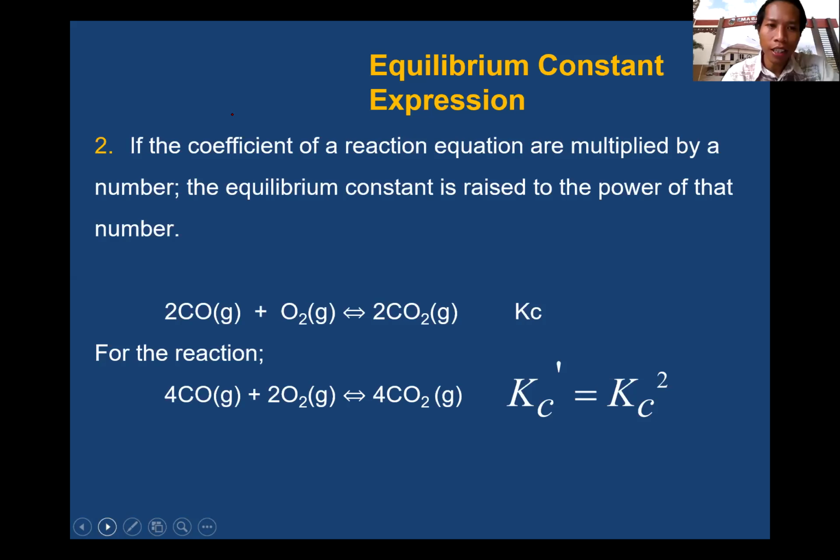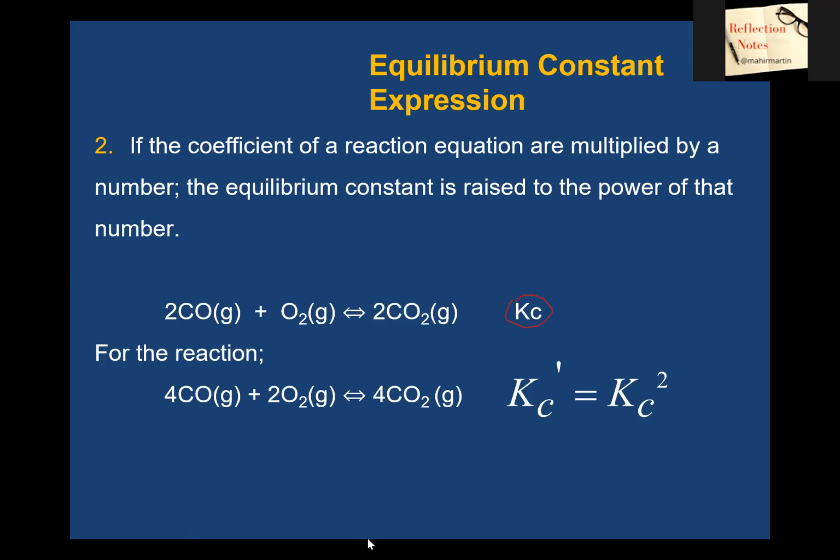For example, here I have this reaction with this value of Kc. If I multiply this reaction by 2, what am I going to get? 2 becomes 4, 1 becomes 2, 2 becomes 4. So what will be the new Kc? The new Kc is the Kc squared of the first reaction.